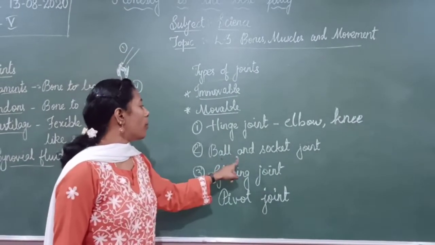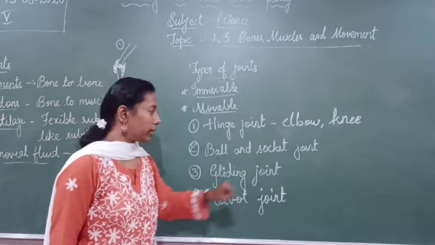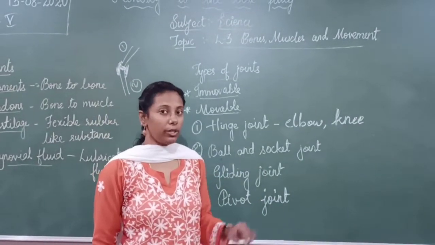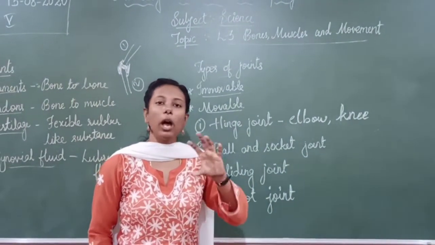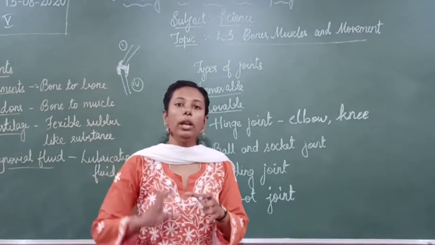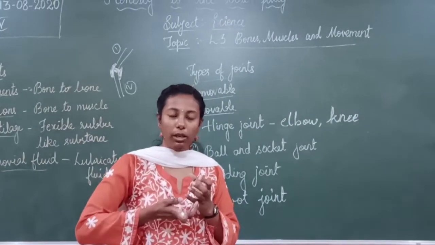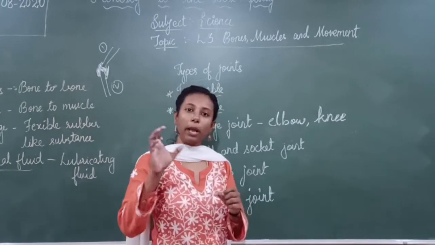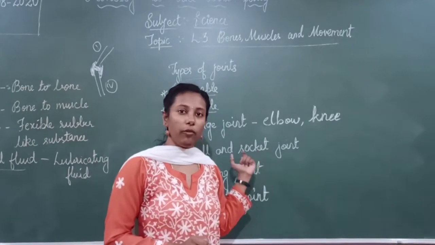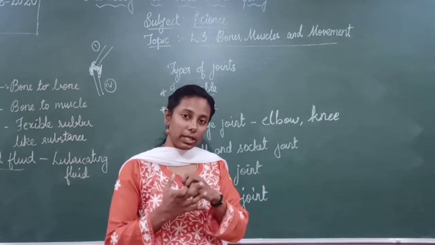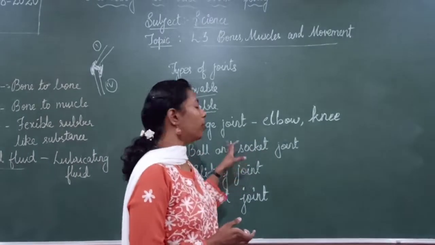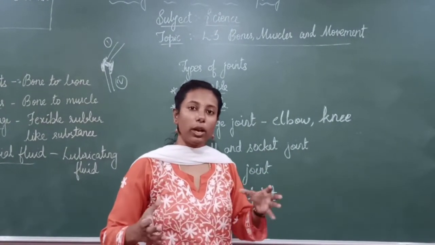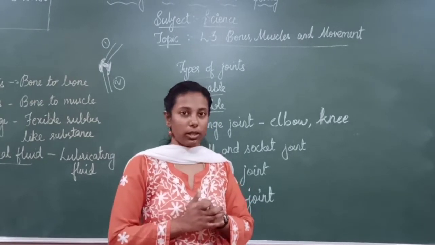Next is ball and socket joint. As the name itself says, you have a ball. One bone has a ball-like structure and the other bone acts like a socket for it. You have a plug and a socket. The same way how a plug and a socket fix with each other, here the ball and the socket joint get fixed to each other.